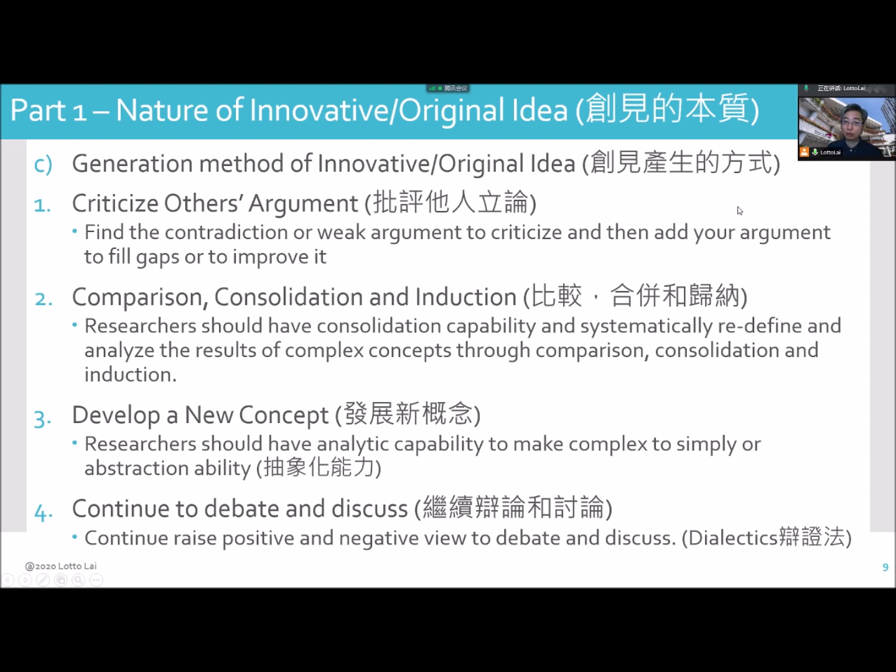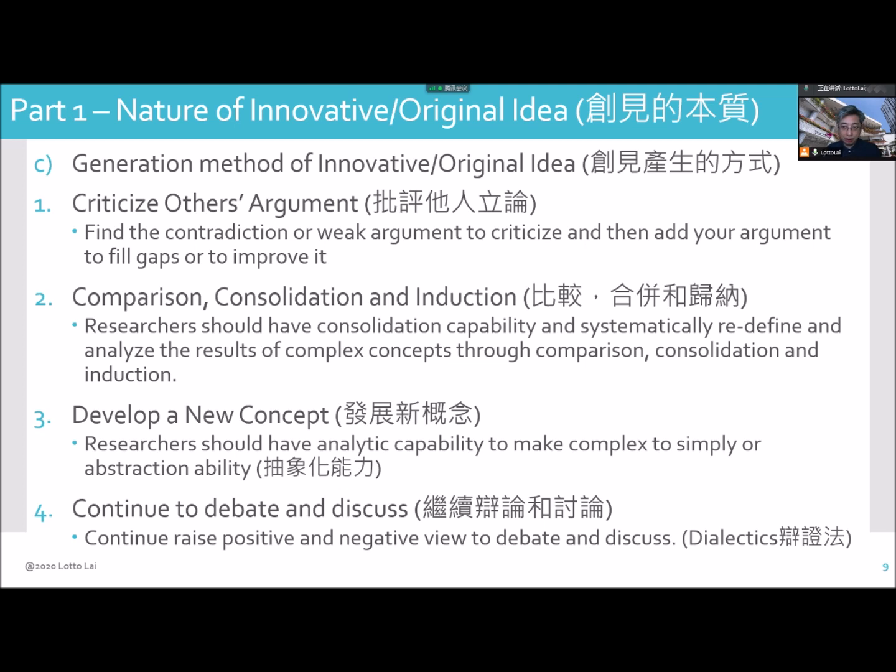And how do you generate an innovative or original idea? We are talking about four methods. First, criticize others' arguments, finding contradictions or weak arguments, criticize them and add your argument to fill the gap or to improve it. Second is comparison, consolidation, and induction.